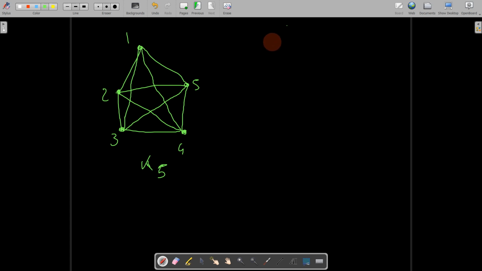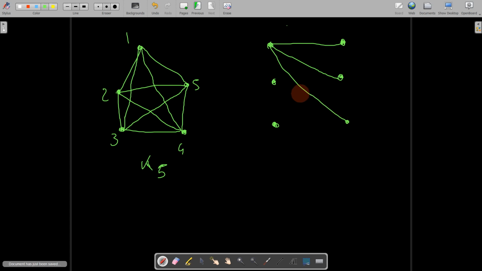And another is K33, which we saw in the application of the 3 utilities and 3 houses problem. There would be an edge between the two sets. Pause the video and try to make these graphs on a sheet of paper with no edges crossing each other and see if you can come up with a solution.